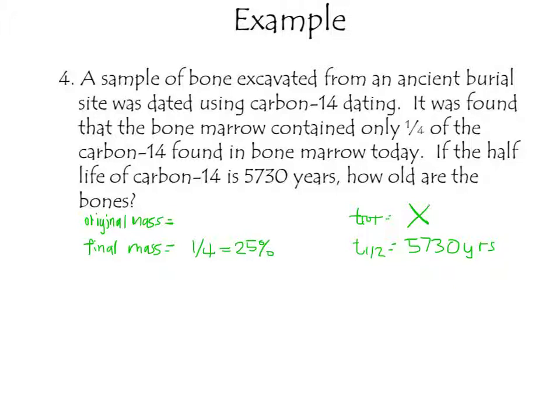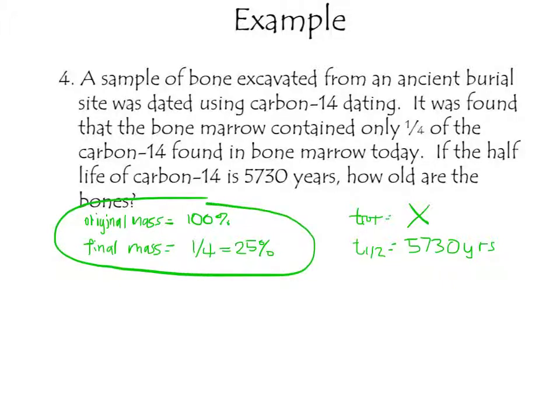And if that's the case, our original mass could be just 100%. And in order for us to do this problem, we're going to do what we did in the first example, the example number 3. And so we actually have to take whichever pair is given to us, which is going to be the original mass and the final mass.